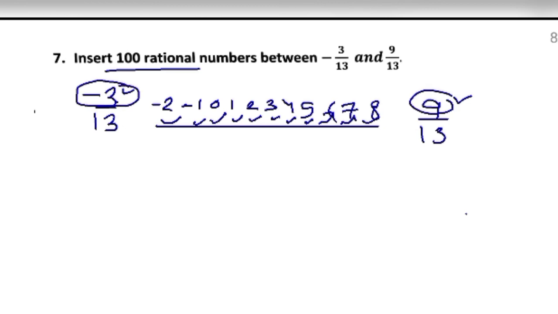Okay. So what will we do here? We will multiply the numerator and denominator of these rational numbers by a larger number. So let's check by 10. Multiply करते हैं 10 से.